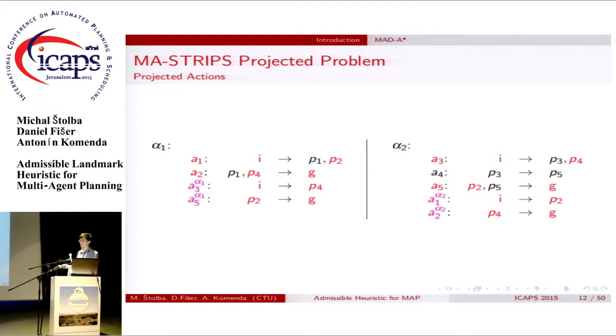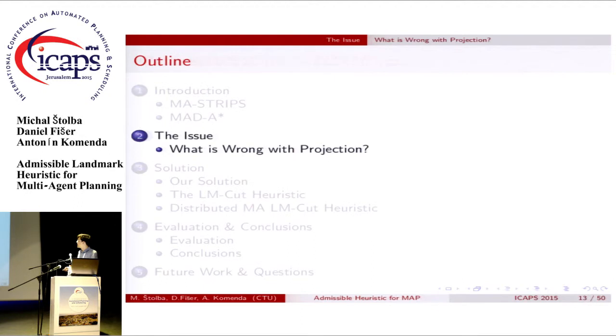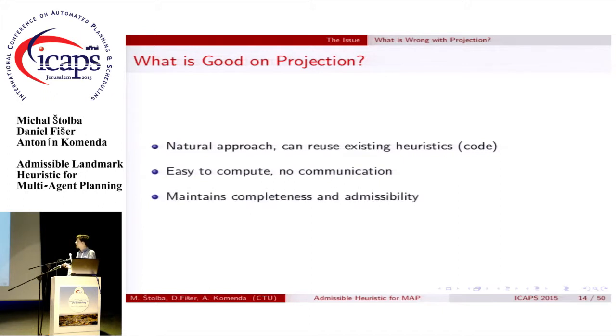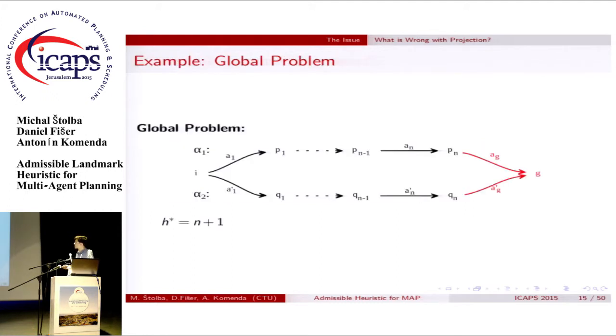So no private information is disclosed, but the agent has some information about the public actions of other agents. So what is nice about the projected approach is that we can quite easily reuse the existing heuristics. We just feed in the projected problem, it computes the heuristic, and we can use it. It's easy to compute, there is no communication, and it maintains completeness of the heuristic and admissibility, so that's nice.